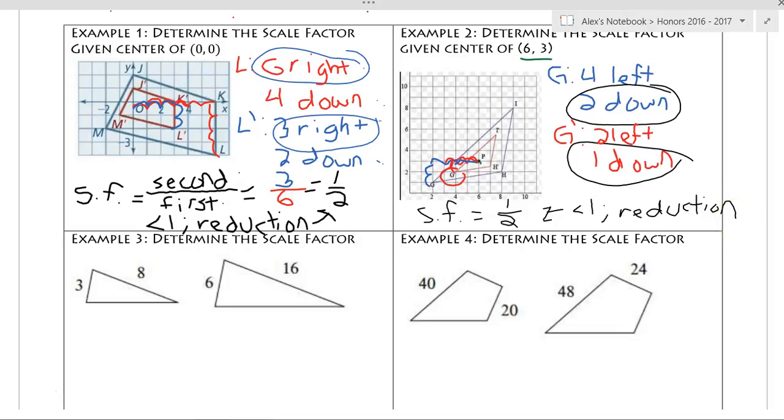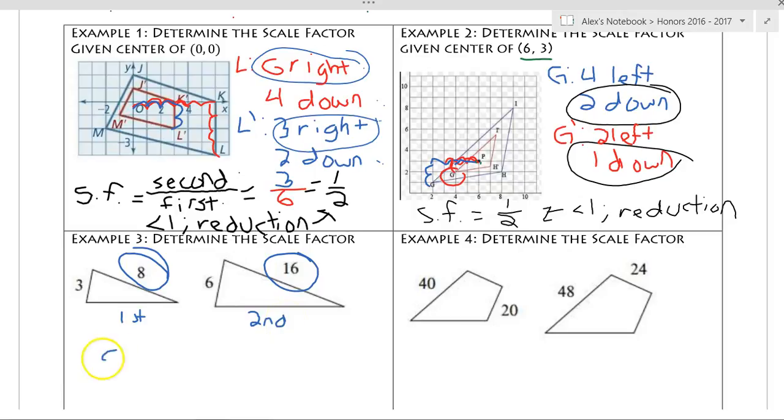Alright, looking at example 3. For example 3, I still am determining the scale factor, but I don't have a graph, so I can't count how far it is. For these, since they're not on a graph, you're really just looking at the length of them. I have 8 here, 16 here. I'm going to look at those two. Again, this is my first, this is my second.